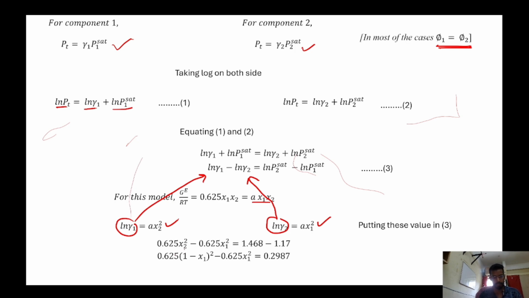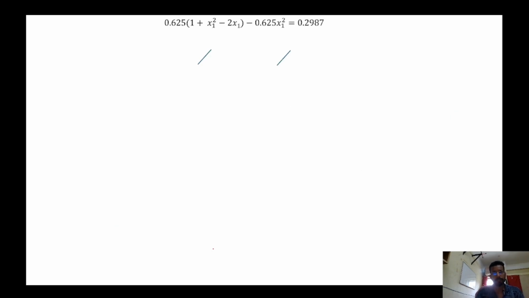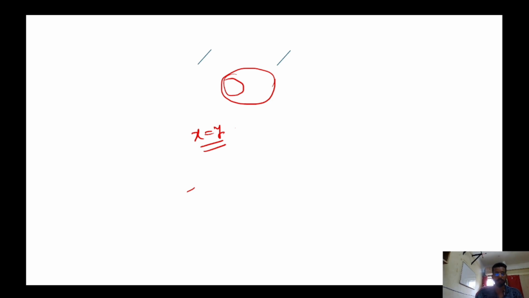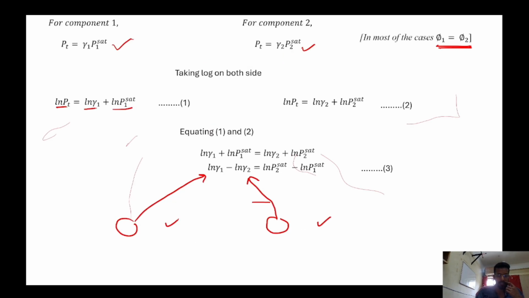I just replaced x2 with 1 minus x1 and the square is there. After calculating, just simple mathematics, this will come out. x1 will be 0.26. So see, at the initial stage x and y cut out from both the equations, and we have to find the value of x1. So this is the beauty of the question. You will get stuck when you see that at azeotrope x is equal to y, so that thing will cut out. So how will we calculate the composition? So this question is very important.